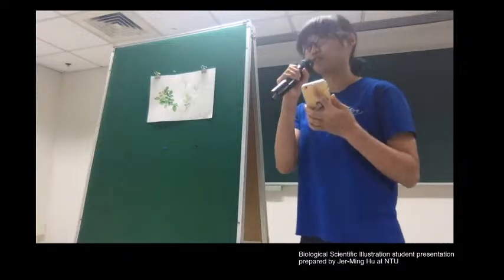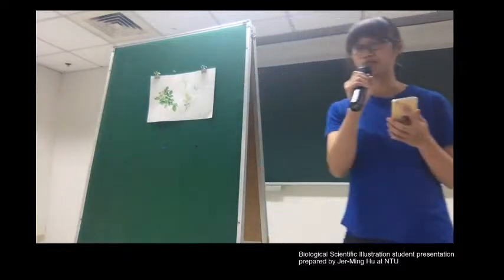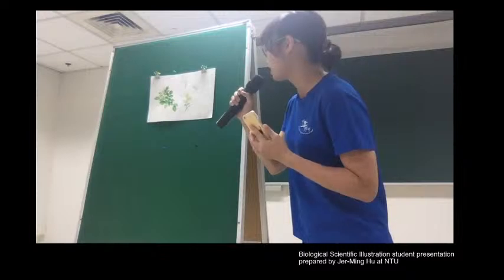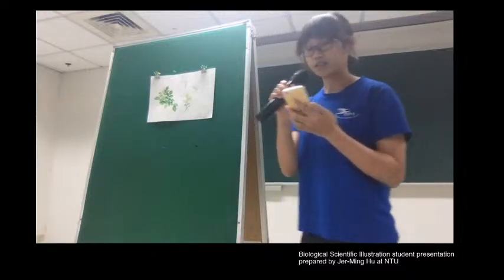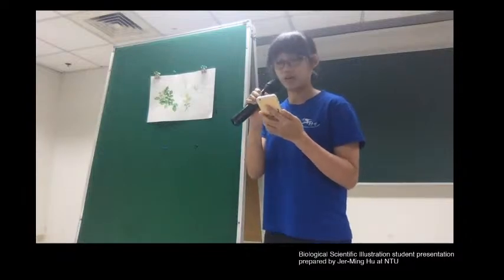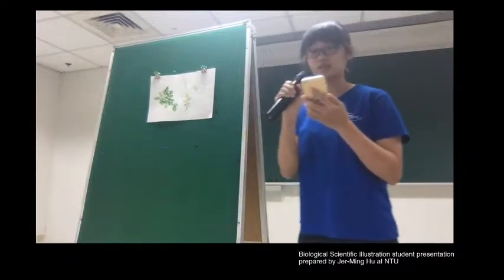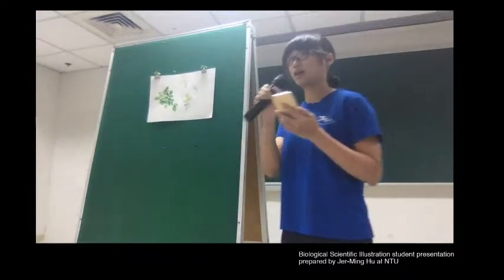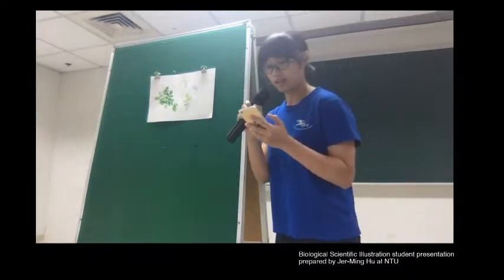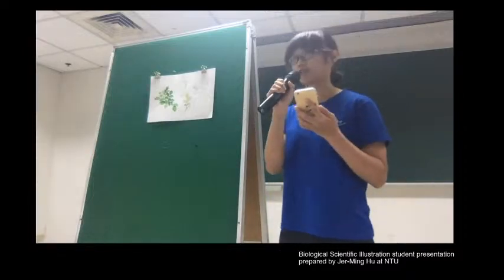Okay. Hi everyone, my name is Xu Shuoyu and I'm from the School of Forestry. I chose the species Murraya paniculata. It's a common garden plant in Taiwan, and usually we can see the small tree on the roadside. Its flower has fragrance, and it has compound leaves and panicle inflorescence.